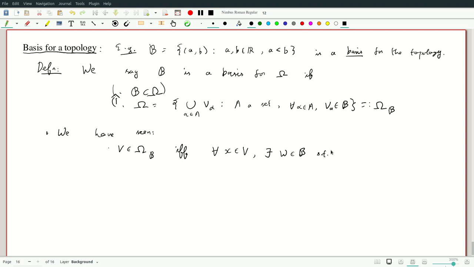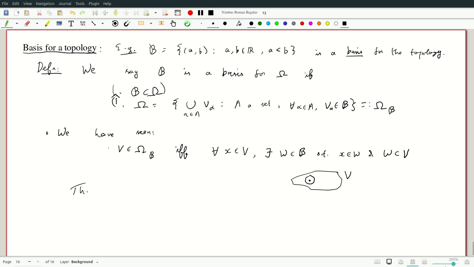So there exists W in B such that x belongs to W and W is contained in V. So a set is a union of sets in B if and only if for any point x in V, there is a basic set which is contained in V and contains this point.